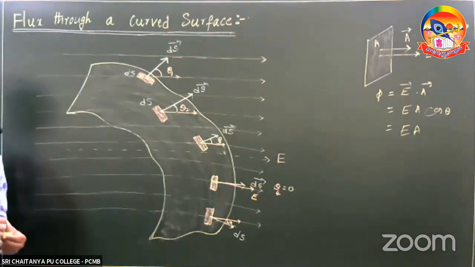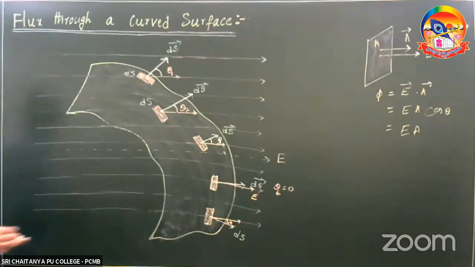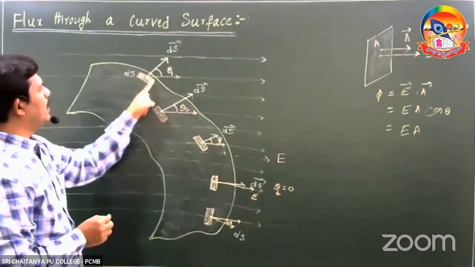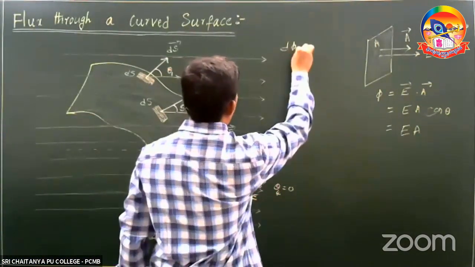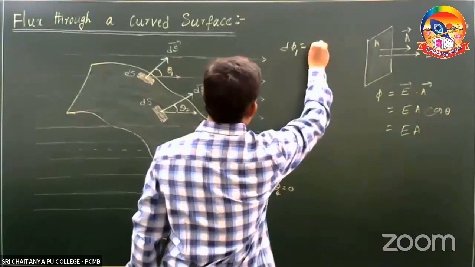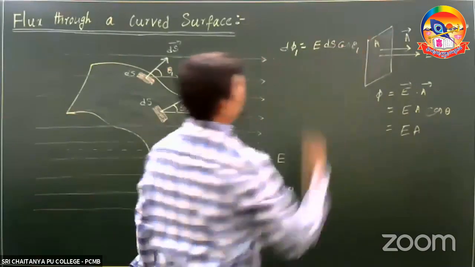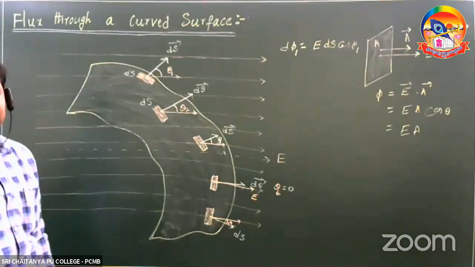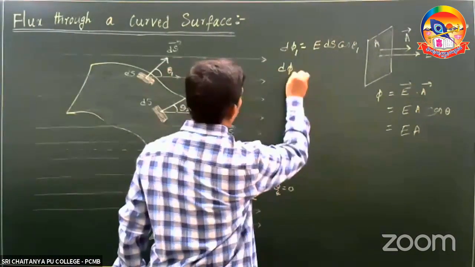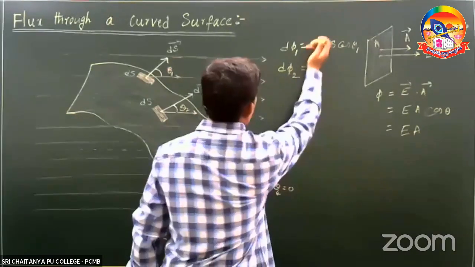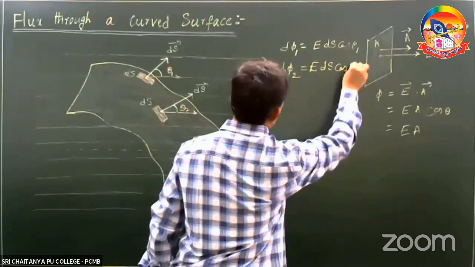What does it mean? If I ask you what is the flux through this small element, I call it d phi 1: E ds cos theta 1, right? For the second, d phi 2: E ds cos theta 2.